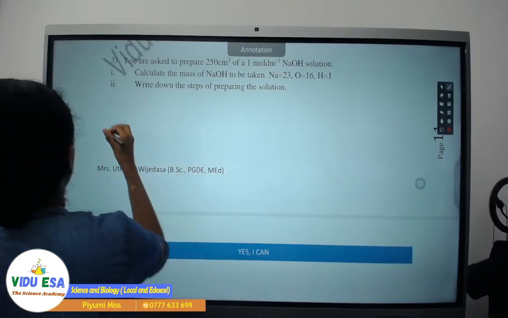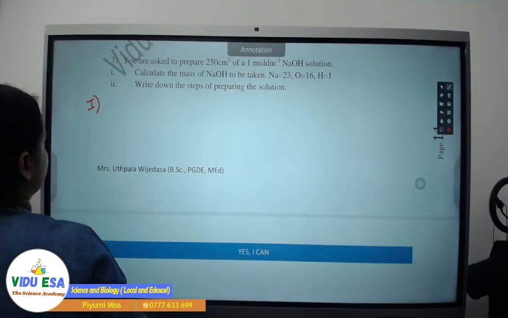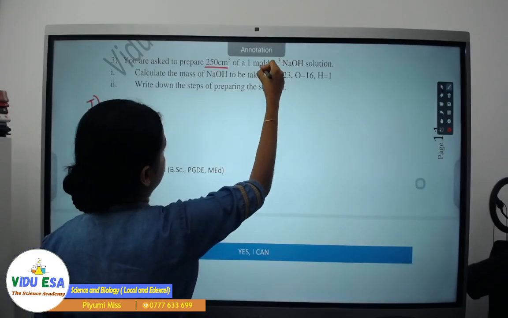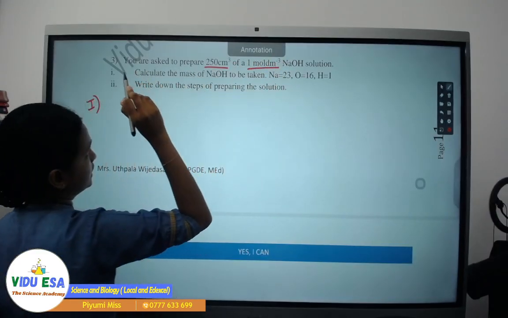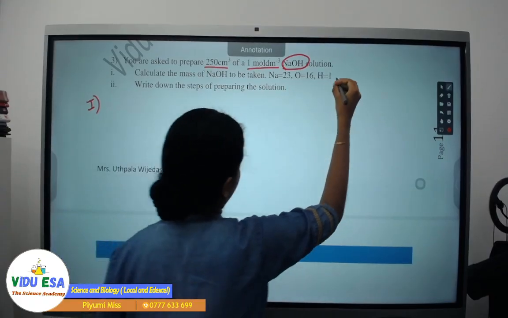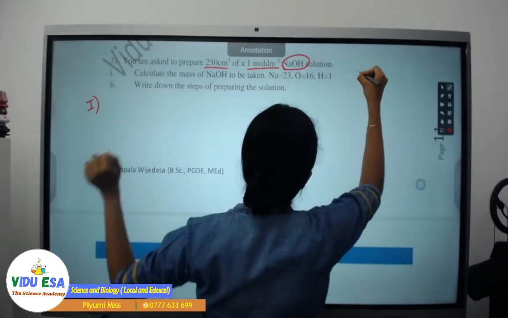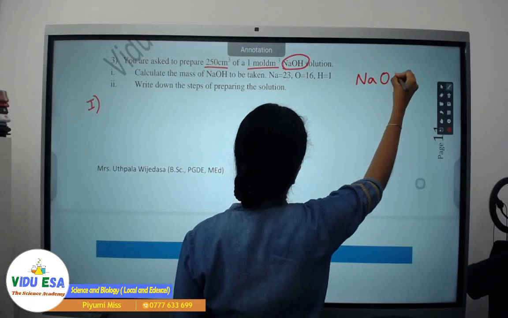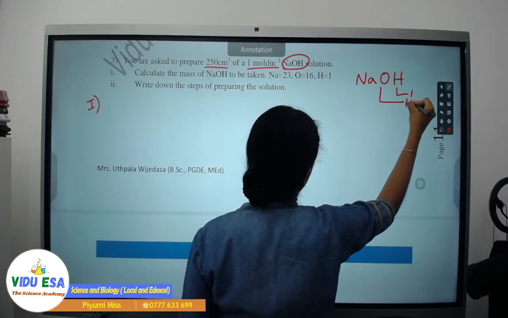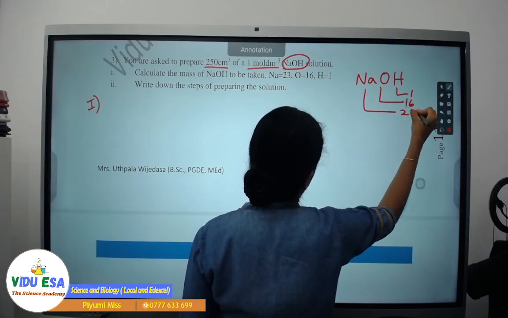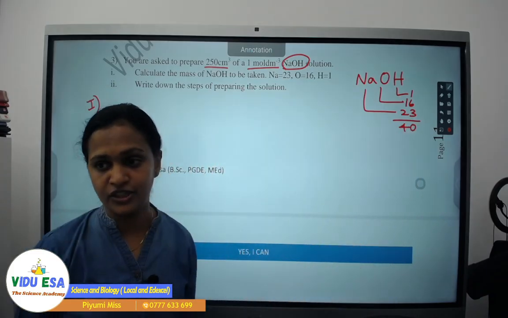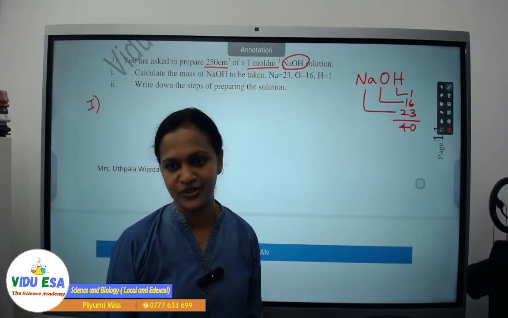In the first part you are asked to calculate the mass. You are given the volume as well as the concentration, and the relative atomic masses also. Hydrogen is 1, oxygen is 16, sodium is 23. When you get the sum, that is 40, the relative molecular mass of sodium hydroxide.